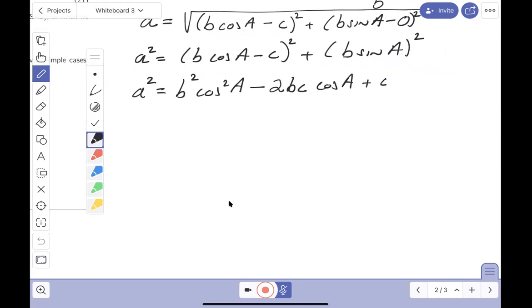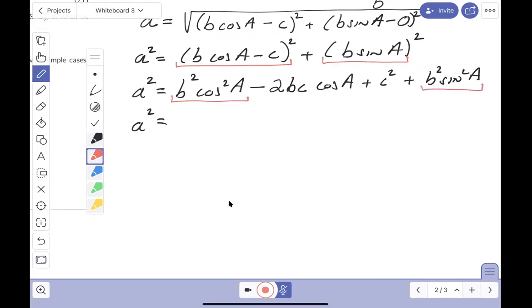Plus c squared, plus, I want to point out what we just did. We just did this part here. Now I'm going to do this part. What would that give me? b squared sine squared A. I'm going to rearrange this. a squared equals, I'm going to take this term and this term, bring them together, and factor out b squared.